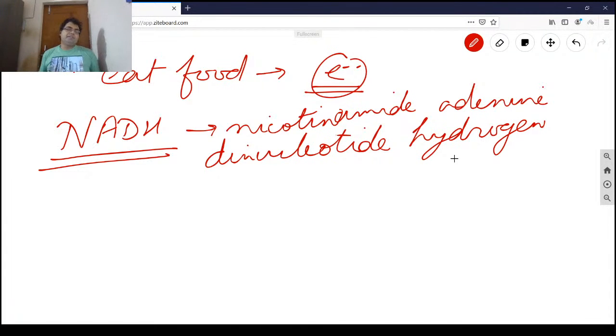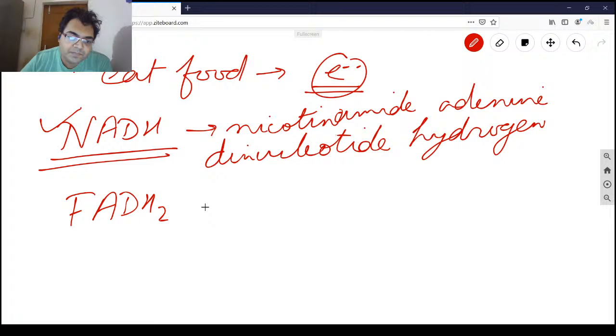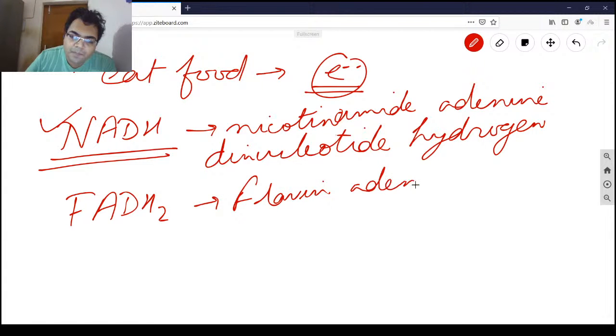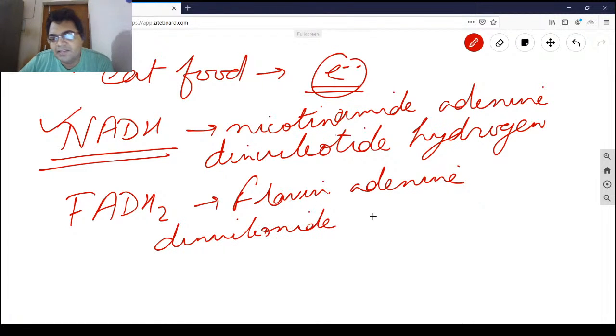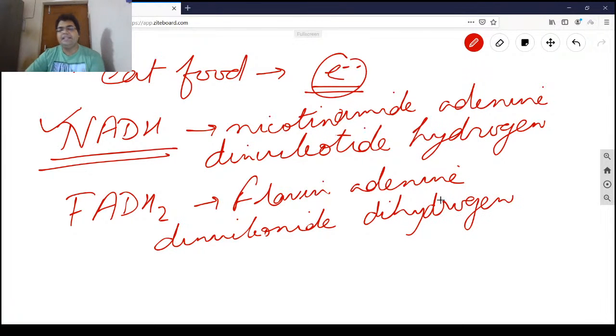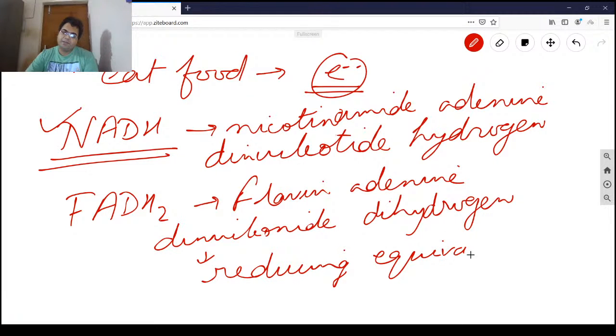Now this is a reducing equivalent. In the Krebs cycle we had seen the production of NADH and also the production of FADH2, flavin adenine dinucleotide plus dihydrogen. So we had seen the production of these two reducing equivalents in our Krebs cycle only.